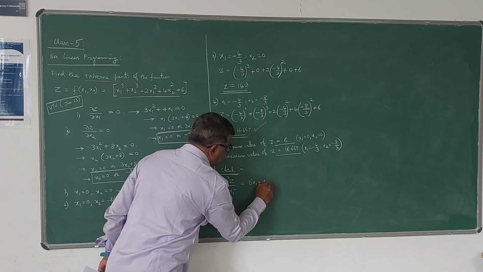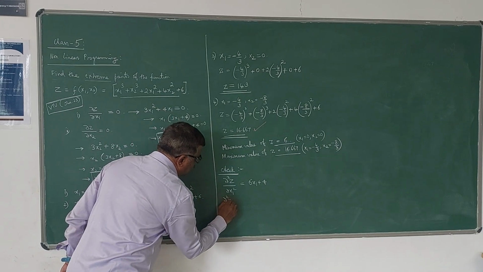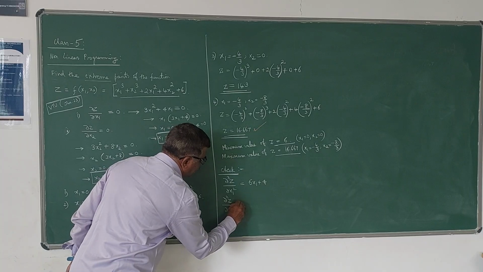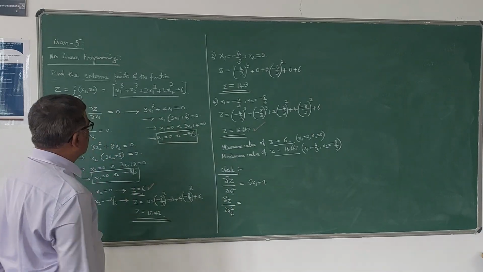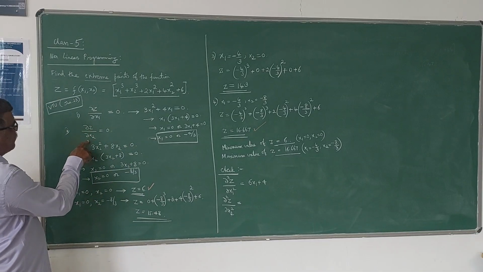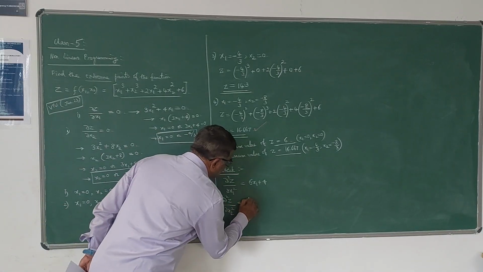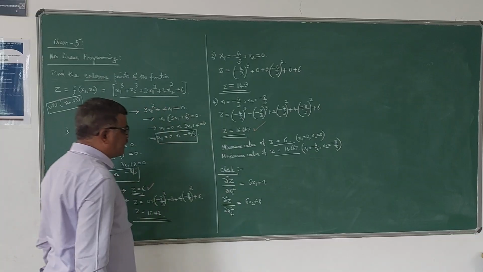Similarly, for dou square z by dou x2 square, we take the second derivative of dou z by dou x2, which gives 6x2 plus 8. Okay, like that we got.